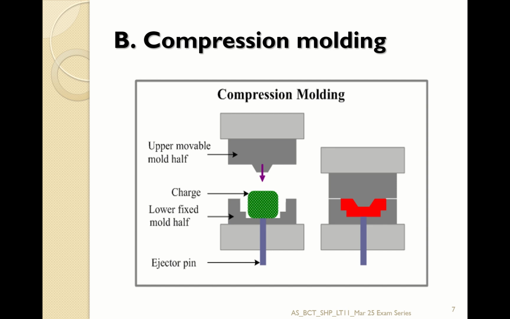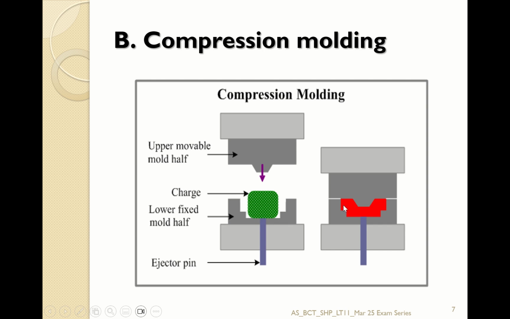Next one is compression. This one is like plasticine. Okay, so it's a soft one like clay. So what you do is this plastic, the polymer, will be placed here, and then because it's compression molding, it will be compressed into this shape here. Okay, so this shape will determine what shape the plastic will be. Okay, in this case is this shape.